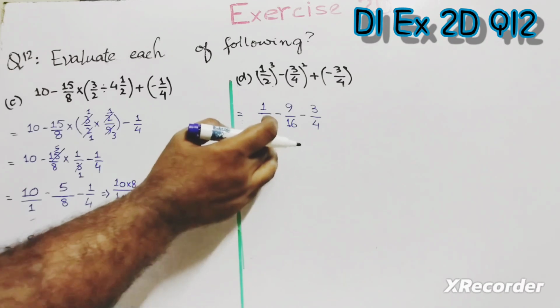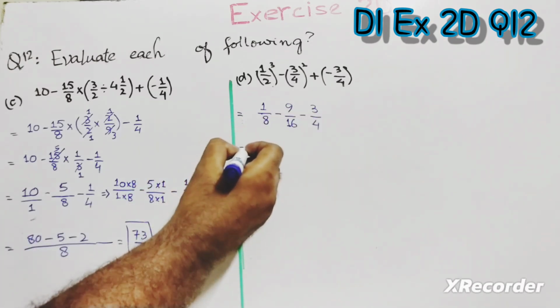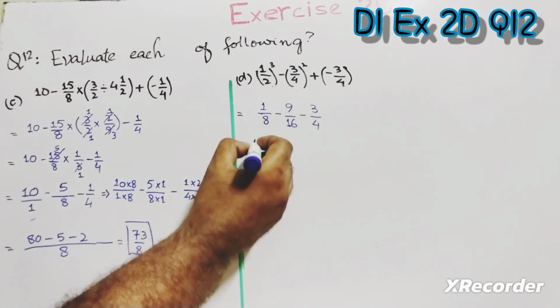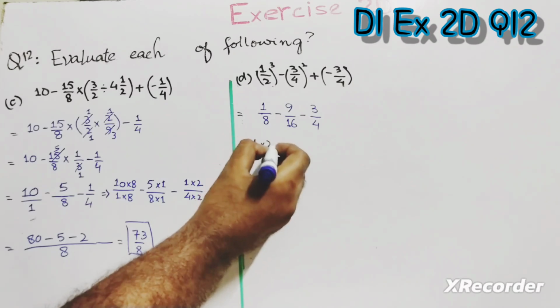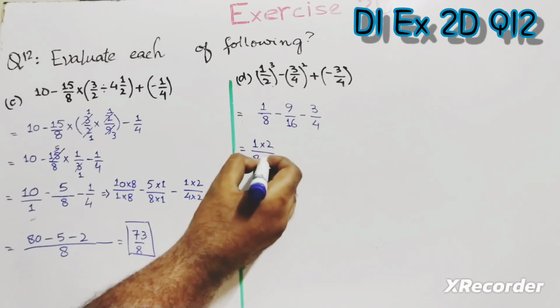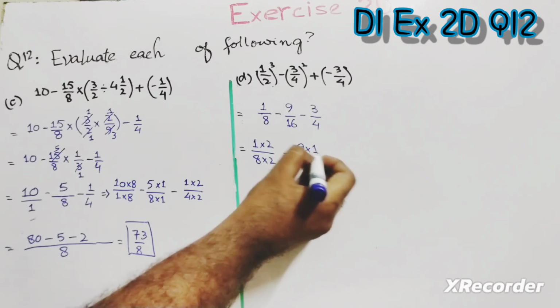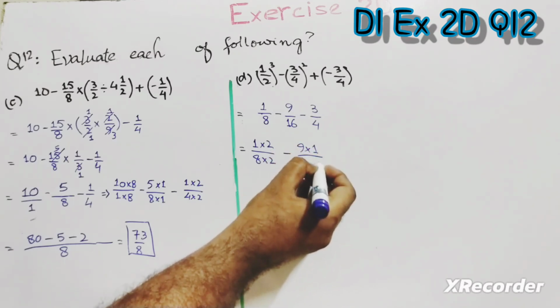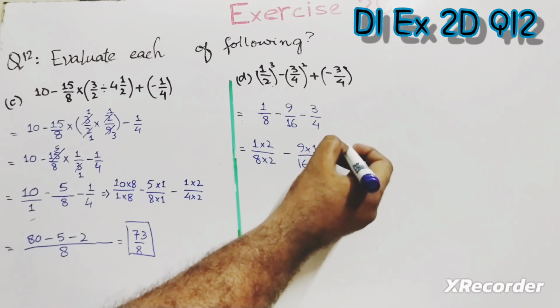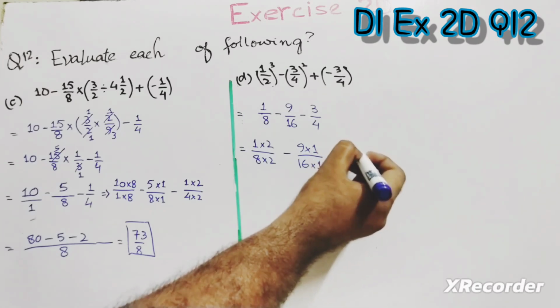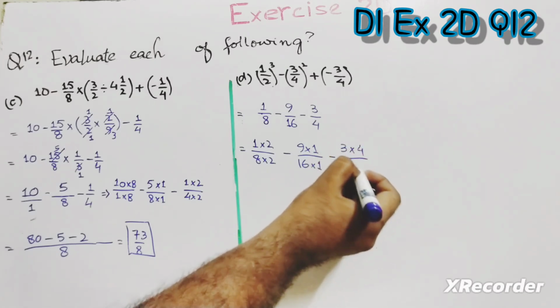Now from these three denominators we get the LCM of 16. So 1 multiplied by 2 as 8 multiplied by 2, less 9 multiplied by 1 as 16 multiplied by 1. Similarly 3 multiplied by 4 as 4 multiplied by 4.